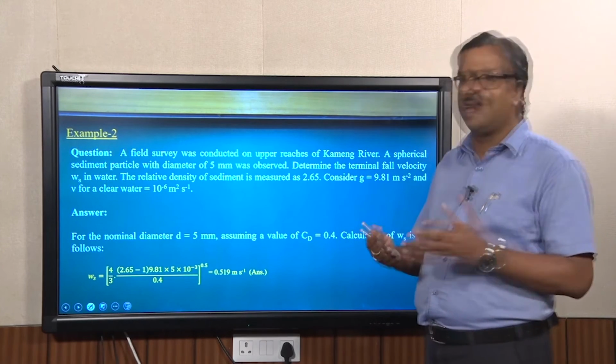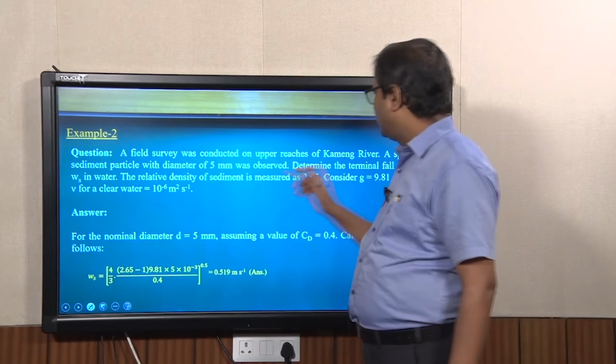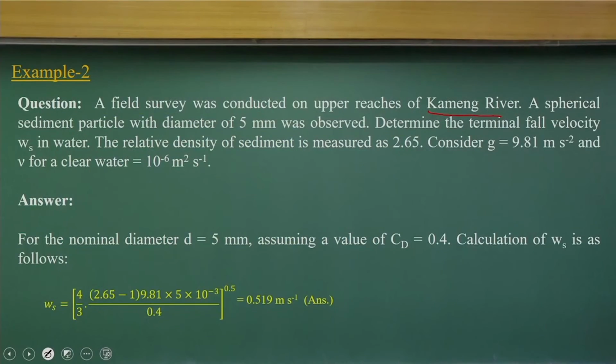Let's take a simple example. A field survey was conducted in the Kameng river, a part of the Brahmaputra. The sediment particle size is 5 mm, and we are determining the fall velocity. If the relative density, g, and the kinematic viscosity are given to us, just substitute into the formulas and you can get the Ws value.